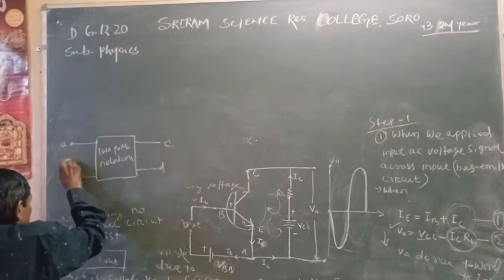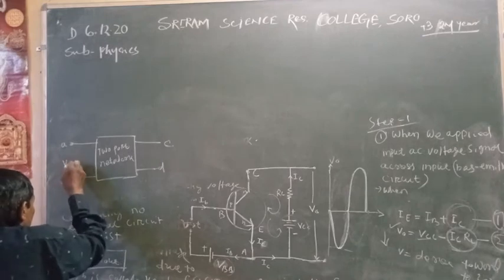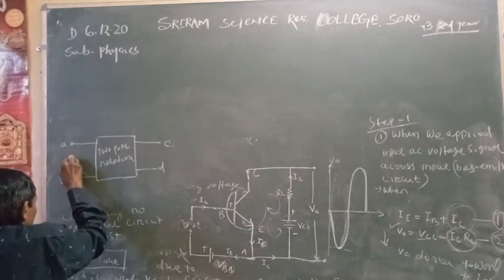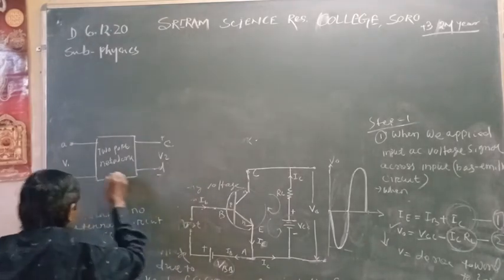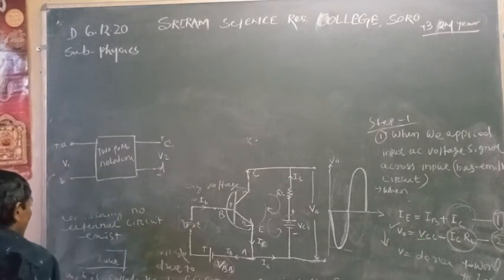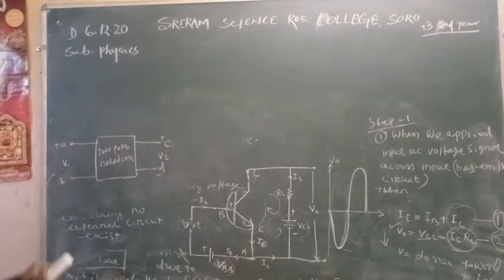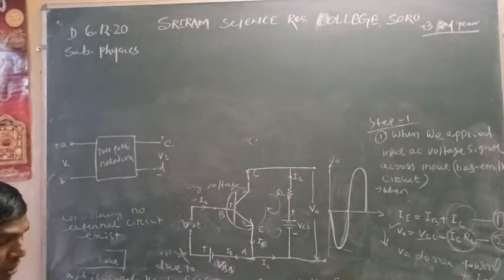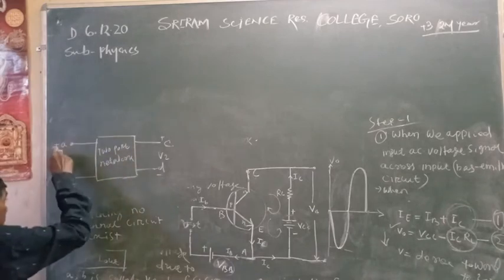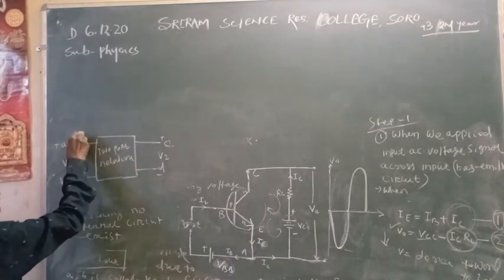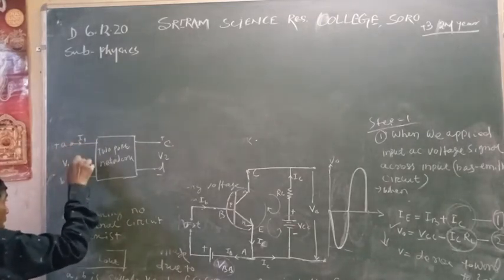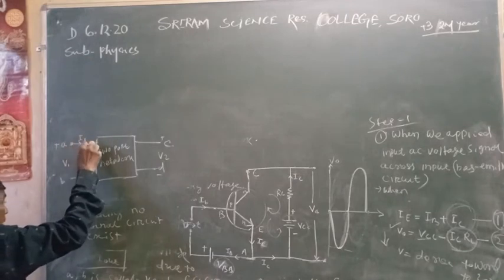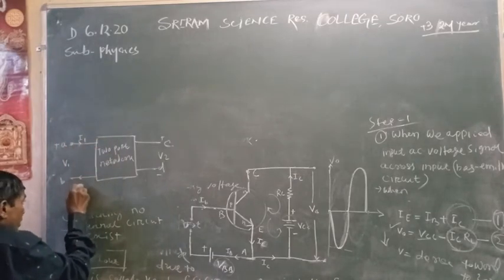Now the applied voltage at points AB is V1, and that is V2. This is the positive and negative, this is the positive and negative. Now in this linear circuit, applying voltage V1, the entering current is I1. On the input side, the entering current is I1 and the leaving current is I1 dash.